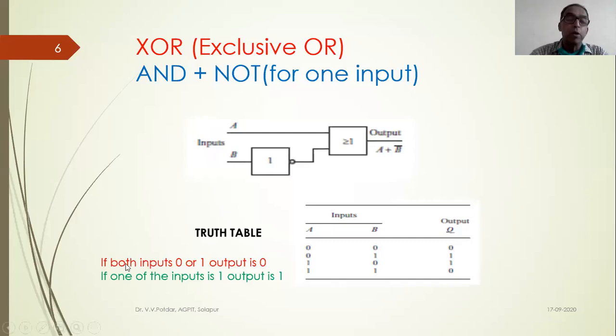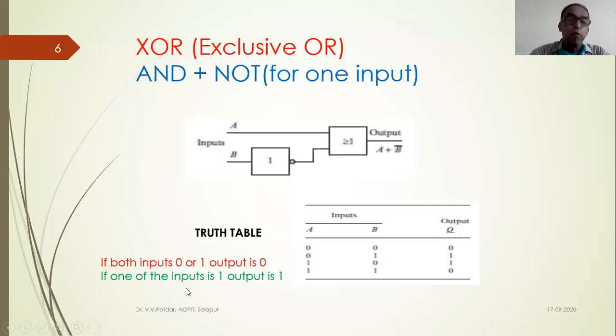Remember, this is very important. If both the inputs are 0, the output is 0. If both the inputs are 1, the output is 0. So for 0, 0, the output is 0. For 1, 1, the output is 0.